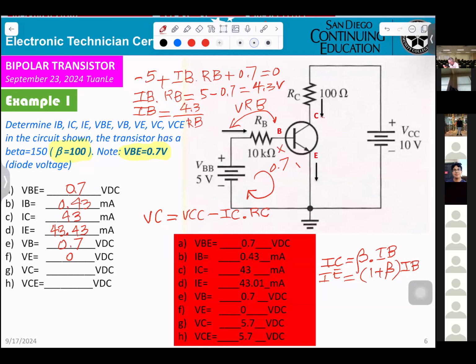Calculate to see if you get 5.7 volt. Who gets the 5.7? Correct or no? I got 5.7.